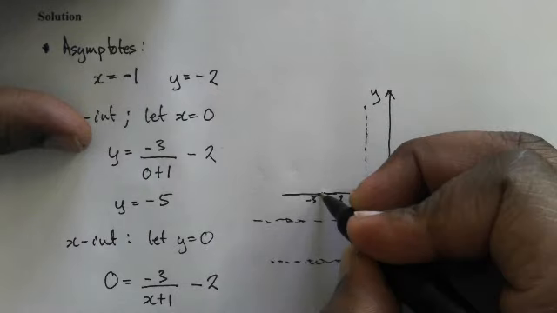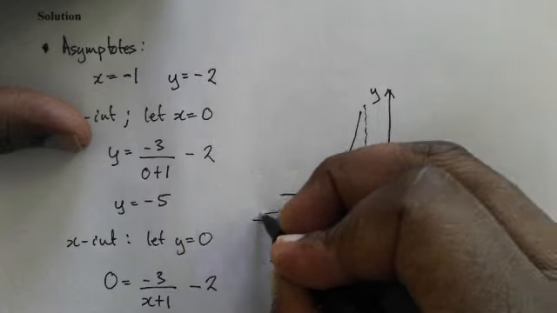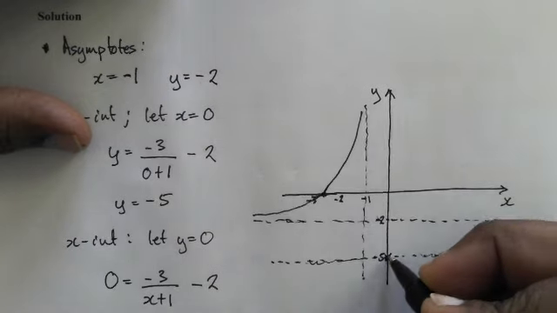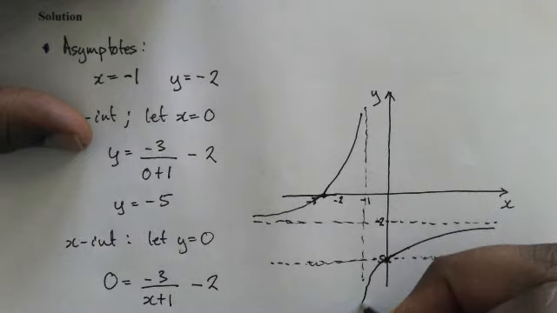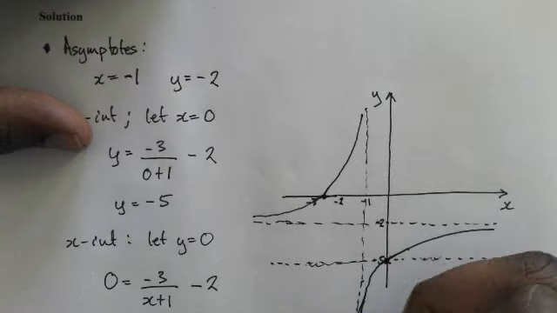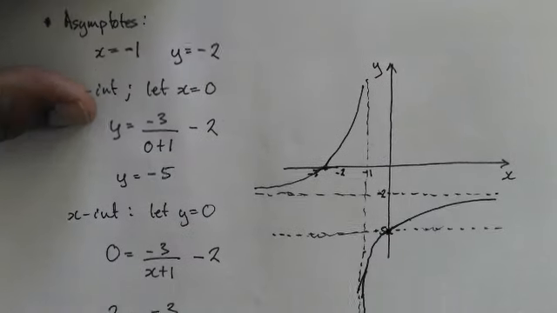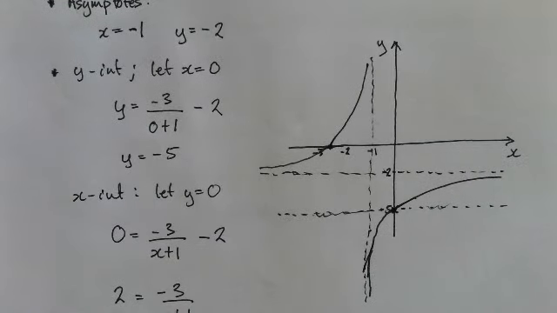So that means our graph is going to be this side and that side. Mustn't cross the asymptote. Okay. Please note this line. This one is the one that's important.